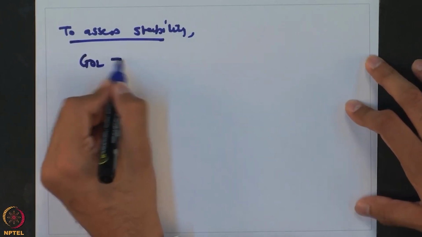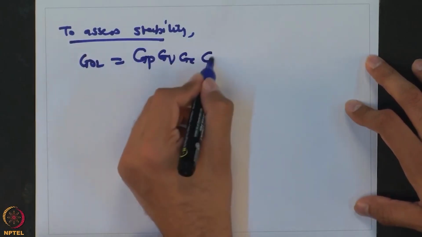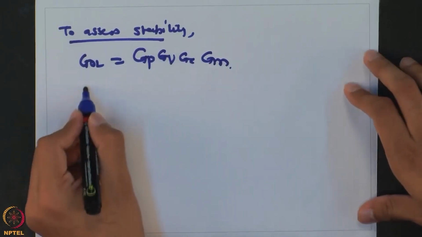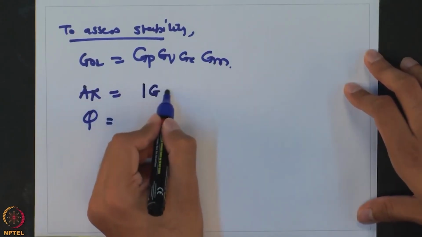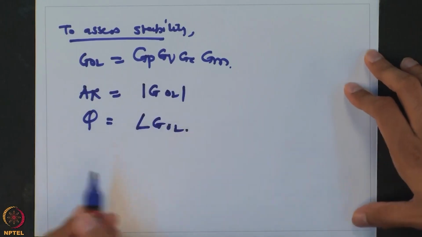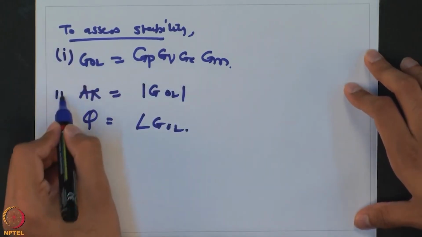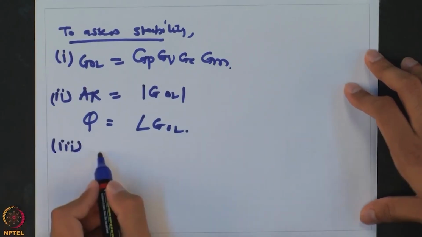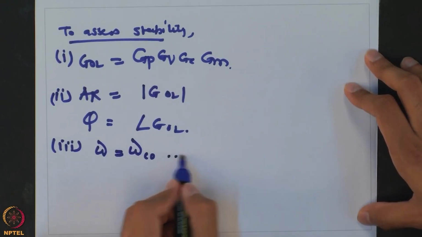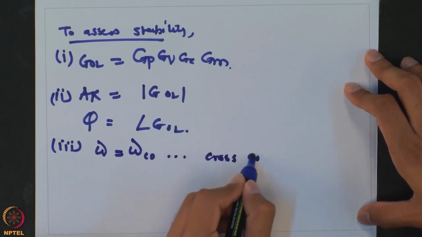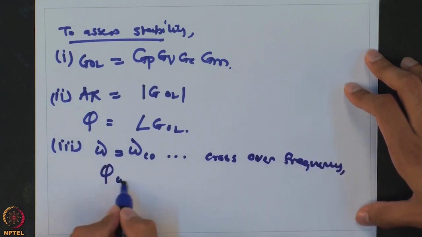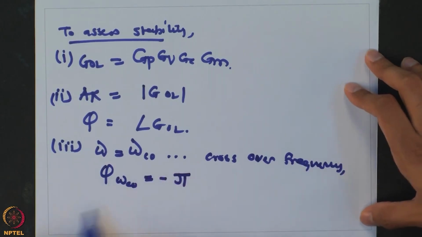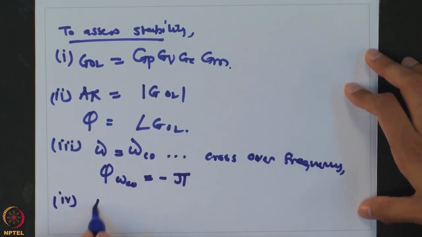So what all we need to do, in order to assess the stability, is start with the open loop transfer function, which is Gp, Gv, Gc, Gm. Then you compute its amplitude ratio and phi, which is the amplitude of GOL and angle of GOL. Then you compute omega equal to what we call the crossover frequency, such that phi of omega crossover is equal to minus pi, and then you compute AR at omega crossover.